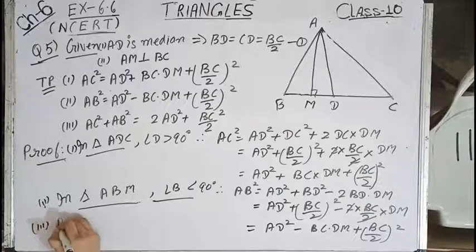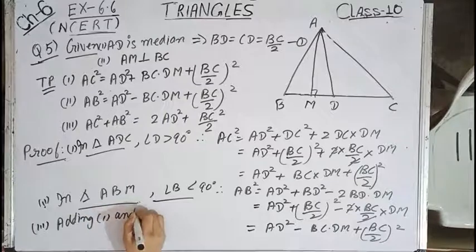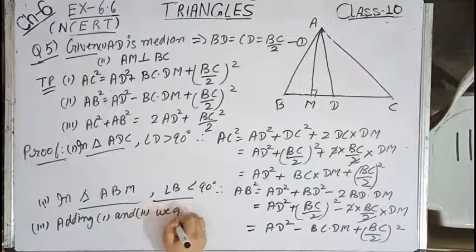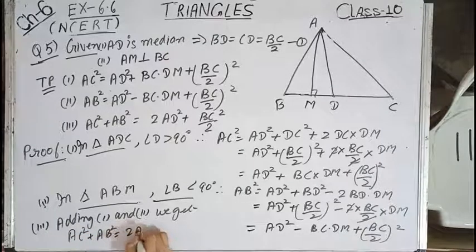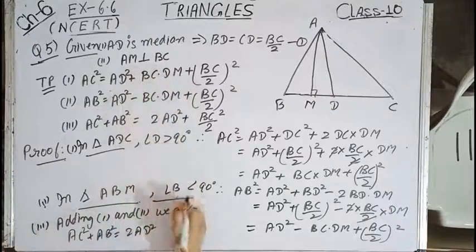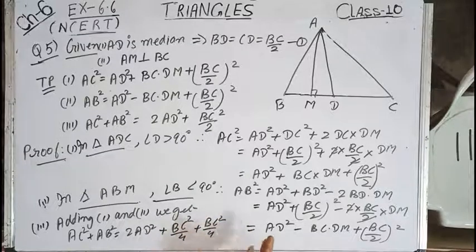So adding 1 and 2, we get AC square plus AB square equals twice AD square, these two will be cancelled, plus BC square by 4 plus BC square by 4. 1 by 4 plus 1 by 4 is half. So we get twice AD square plus BC square by 2, and hence proved.